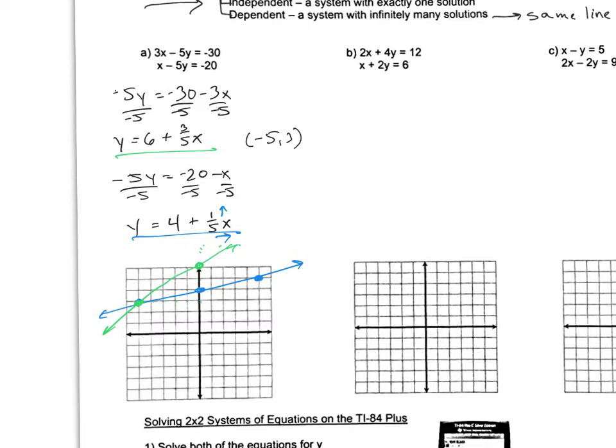Because it has one solution, it's consistent, and because it has exactly one solution, it's consistent and independent. And yes, you have to have both words.